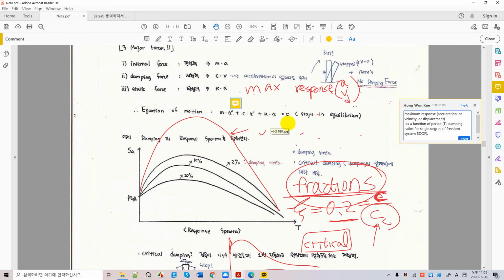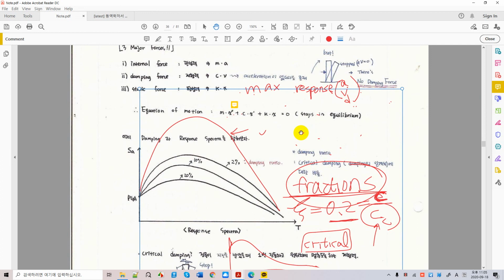Okay, so here, we start our discussion with one building like that. The mass is lumped at the top of the building, and we consider the stiffness, whether it is very stiff or very flexible, right? It's like a one-story building, right?